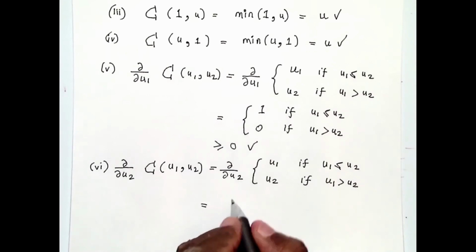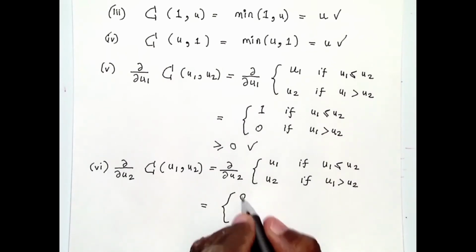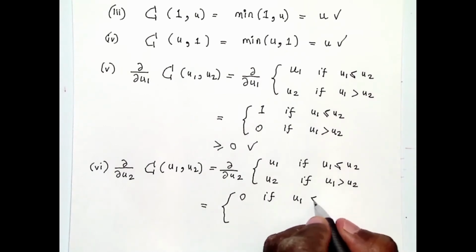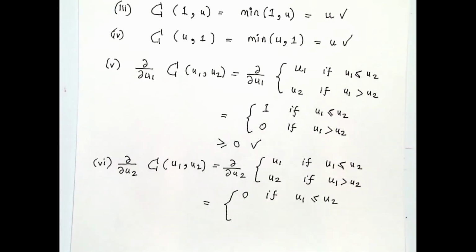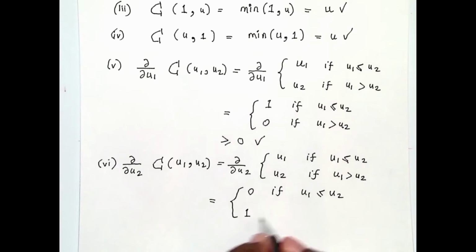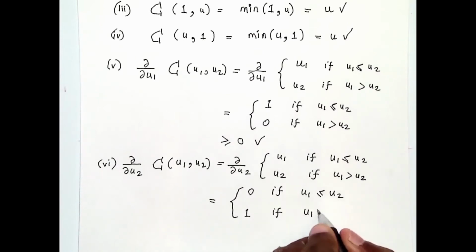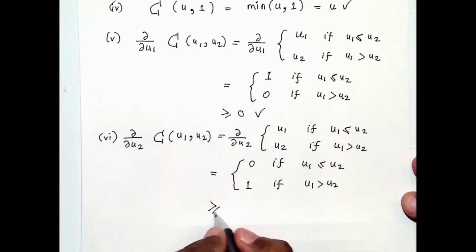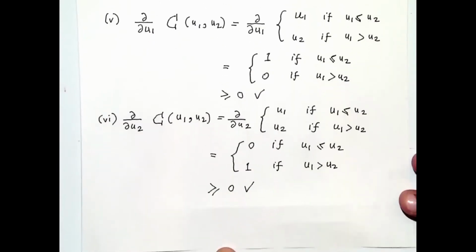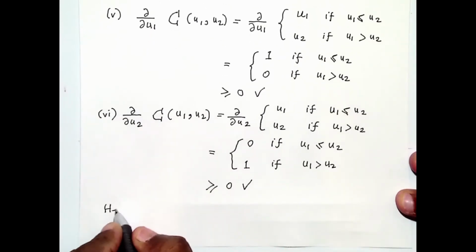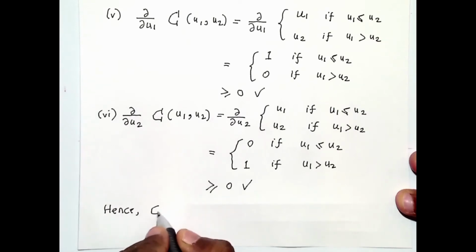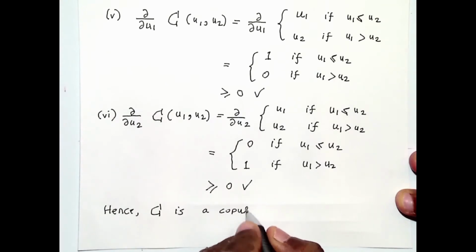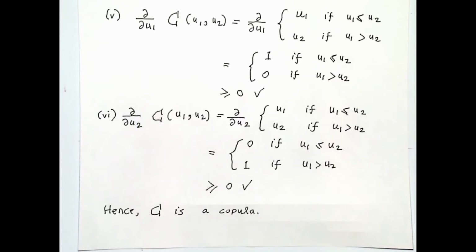And if you differentiate, you get 0 if u1 is less than or equal to u2, and 1 if u1 is greater than u2, right? So hence this is non-negative, right? So hence we have shown C is a copula. Okay, so that's question 2.